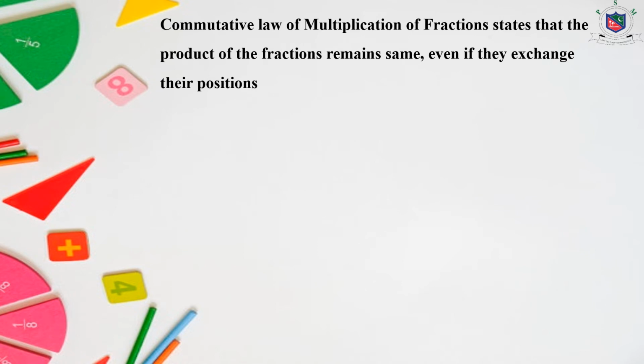Dear students, this law states that the product of fractions always remains the same even if we exchange their positions. Let's see by an example. You can see that here we are multiplying two fractions, and on the other side we have just changed their places.